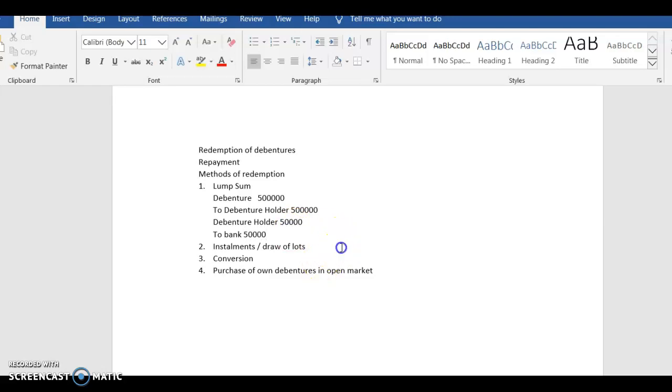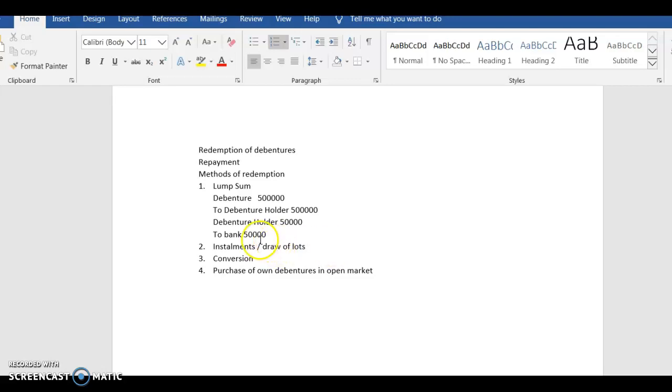Second one, installments or draw of lots, is very similar to the lump sum payment, but it means that this entire 5 lakh of debenture will not be redeemed in one go.